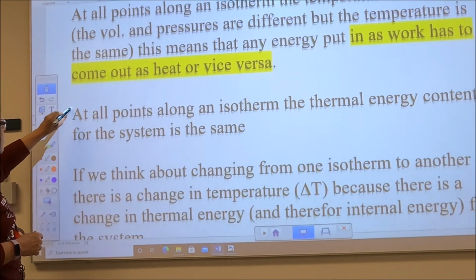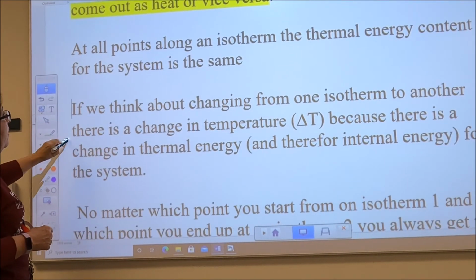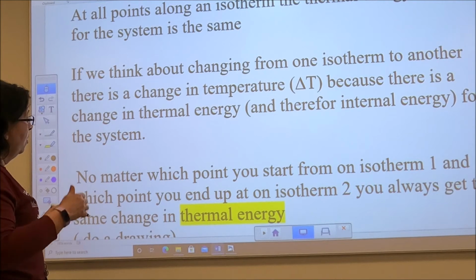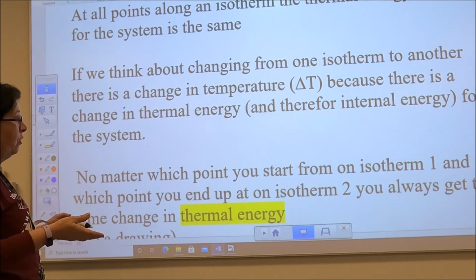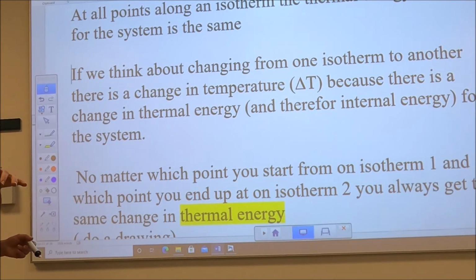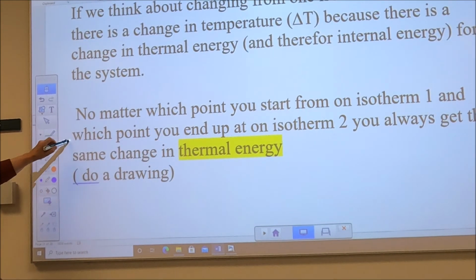Let's scroll up here. We think about changing from one isotherm to another. There's a change in temperature because there's a change in thermal energy. So I moved between two different isotherms. No matter which point you start on isotherm 1 and which point you go to on isotherm 2, since the temperature on all points of each isotherm is the same, you're always going to have the same change in thermal energy.